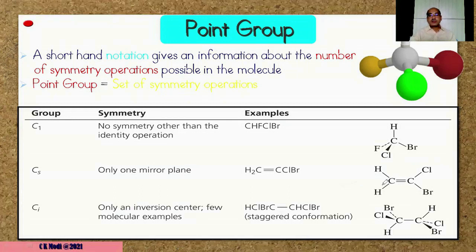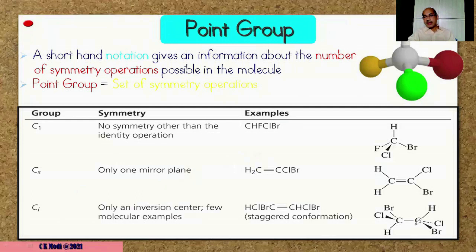Only sigma and identity E are present, so in this molecule two symmetry elements are present: identity E and sigma. Therefore, the point group of this molecule is E plus sigma, that is called Cs. E is also called C1, so C1 plus sigma is equal to Cs.